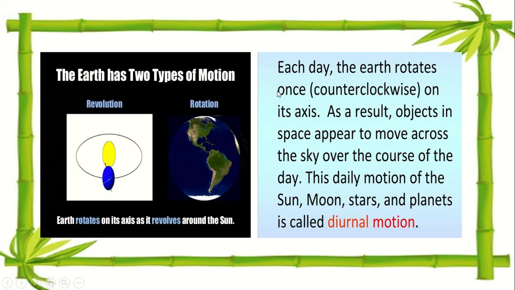That is, each day the earth rotates once counterclockwise on its axis. As a result, objects in space appear to move across the sky over the course of the day. That means daytime, solar day, 24 hours. This daily motion of the sun, moon, stars and planets is called the diurnal motion.